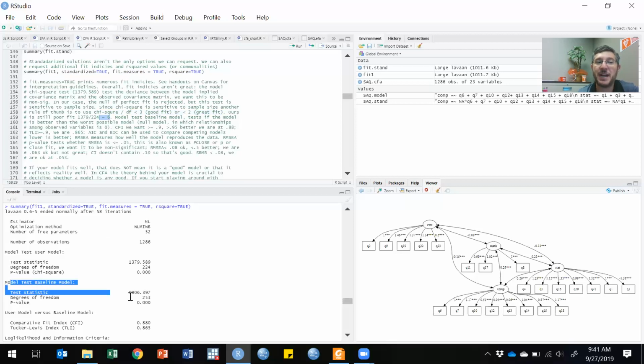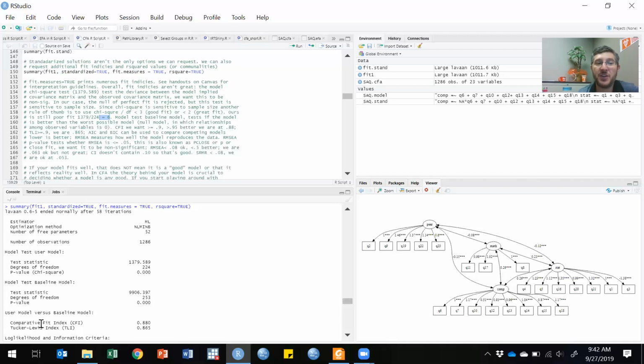The baseline model test tests whether this model is better than the worst possible model, which one of the readings calls a null model, in which there's no relationship among all of the observed variables, and yeah, it's a good thing this one is statistically significant.